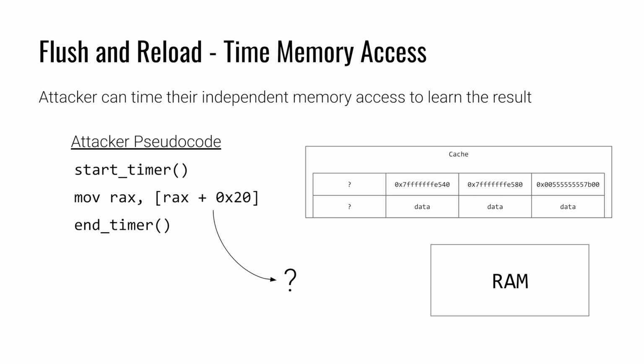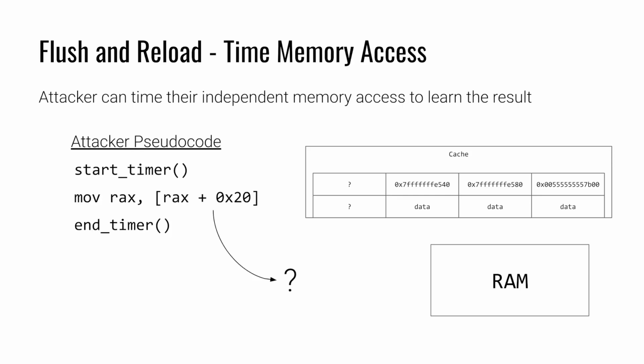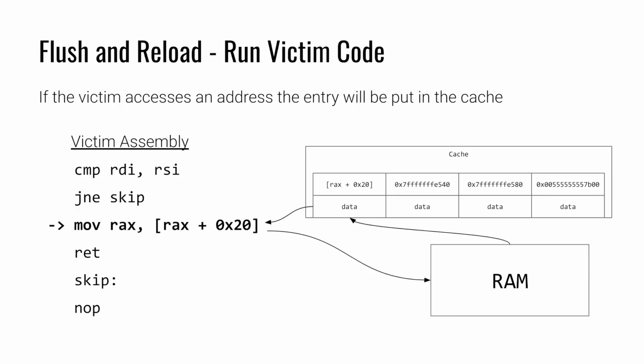When the attacker performs this, they can time their own independent access. If it's long, then we know the cache wasn't filled, and so we know what happened in the victim assembly function. If the attacker tries to access this and it's short, then we know that the value was in the cache. And if the value is in the cache, we know what happened in the victim assembly to cause that virtual memory address to be stored in the cache.